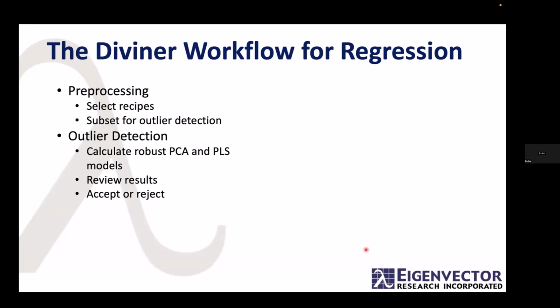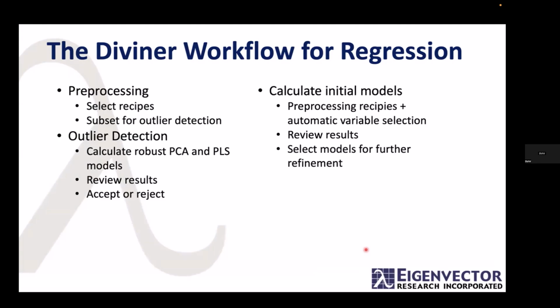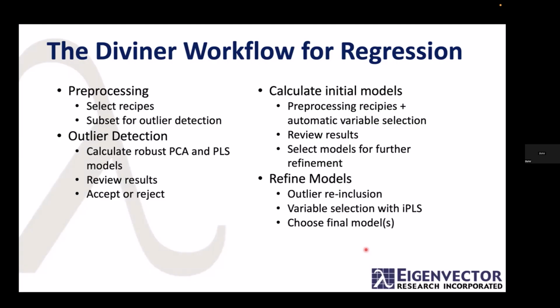You can review or reject outliers and then calculate initial models with pre-processing recipes, view the results, and select models for further refinement. For the ones you really want to focus on, you can do outlier re-inclusion and variable selection with iPLS. Actually, on these initial models we use our automated variable selection. We find that variable selection with iPLS tends to do a little better than the automated, so we often use that in the refinement schedule and then choose final models to work with.